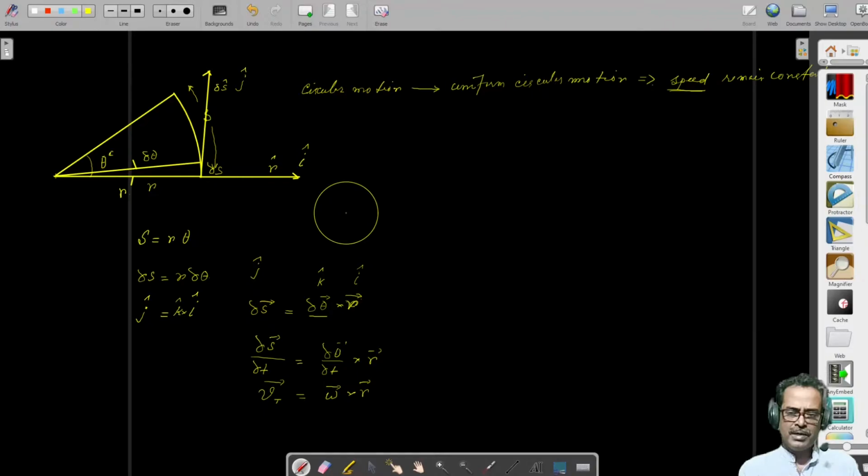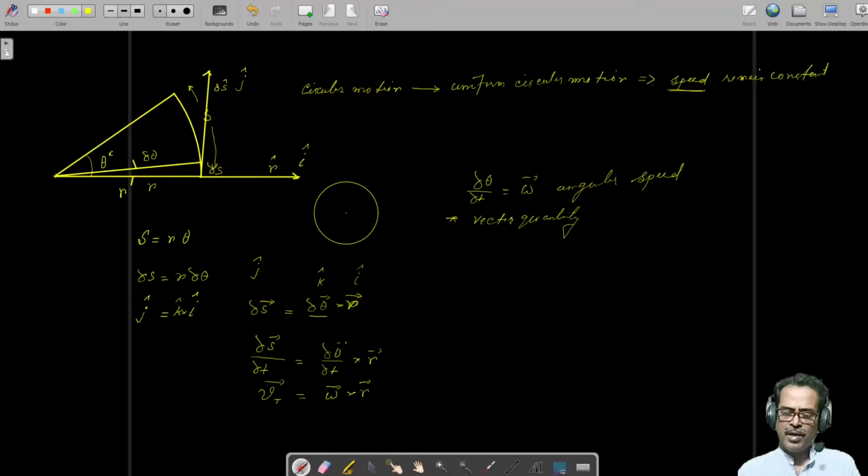Omega, del theta by del t, is equal to omega, the angular speed, and this is a vector quantity, and this is called an axial vector.